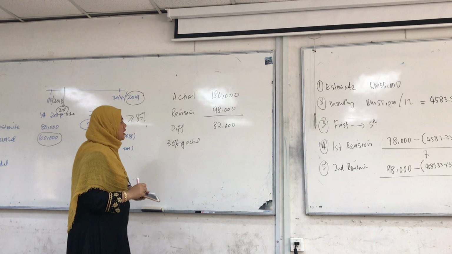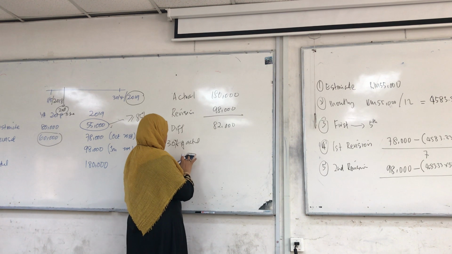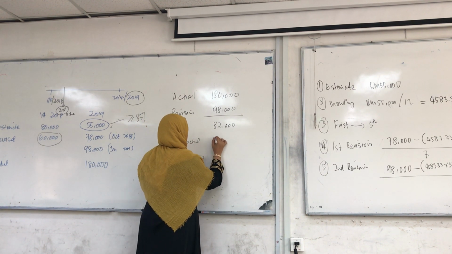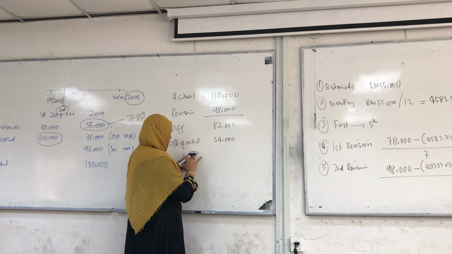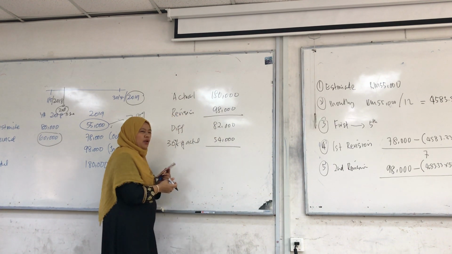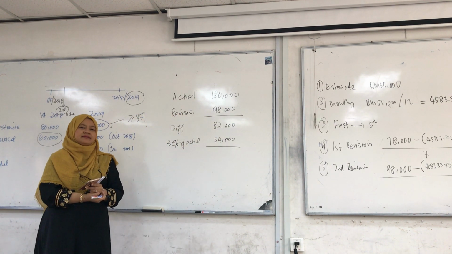So what is the 30% of actual? 180 times 0.3, 54,000. Is 82 more than 54? Yes. Will you be penalized? Yes.